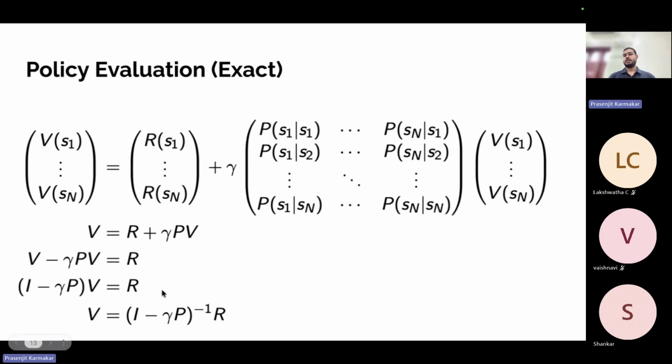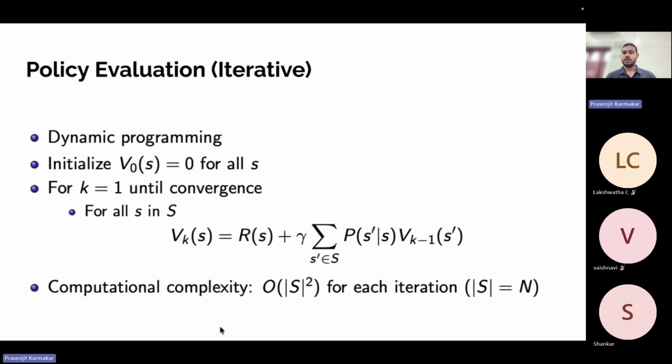But we have a problem in this. This matrix might not be invertible. So we also learned the iterative method, where until my value converges, I can just do an iteration, let's say, initialize all values with 0 and then iterate. And this will eventually converge to the same exact solution, right?